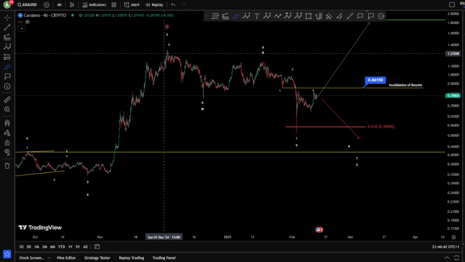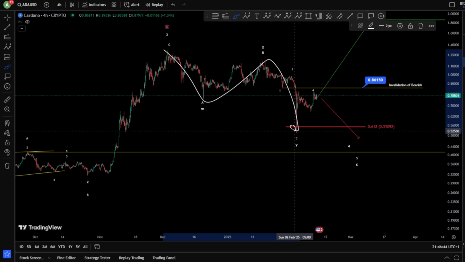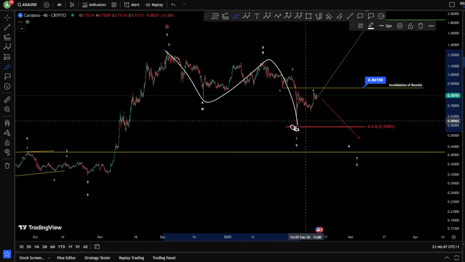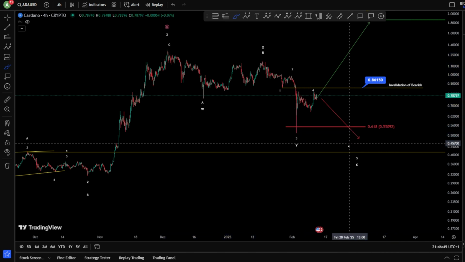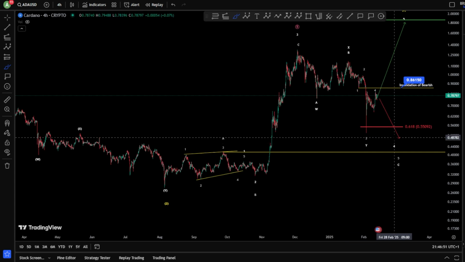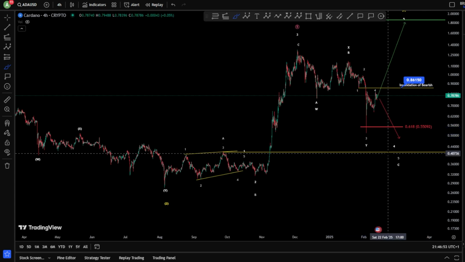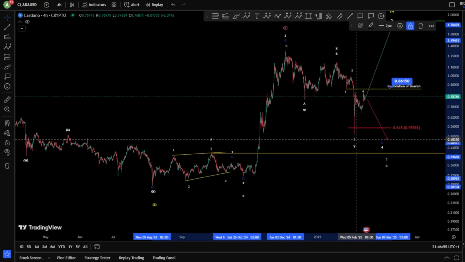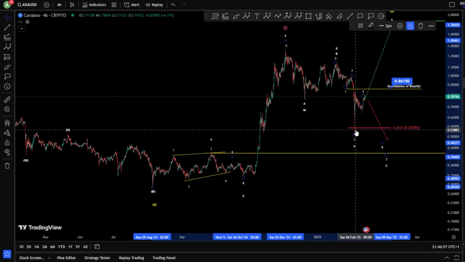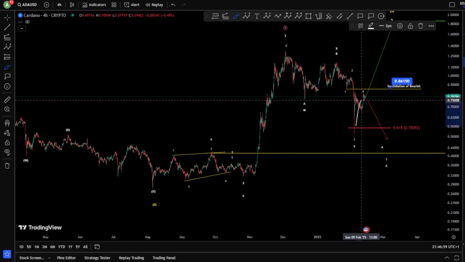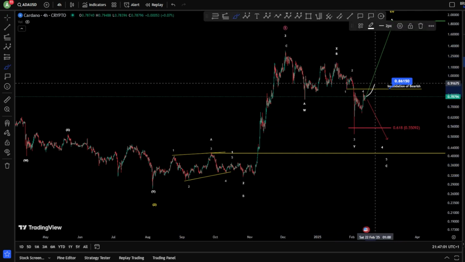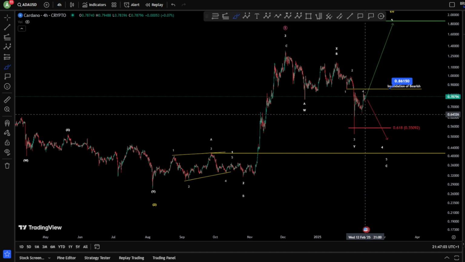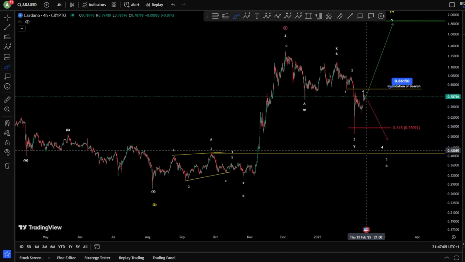The scenario where you have finished a WXY here as well, and you have touched, as you can see, the 0.618, which is a very, very low fib level for a wave 4. In case you have bottomed here for a wave 4, then you are looking for higher prices. In this scenario, you would like to take the invalidation point and continuation simply toward the upside.